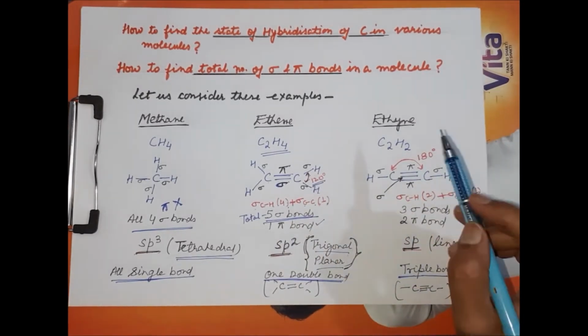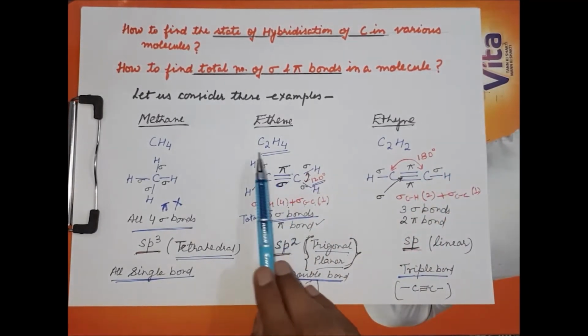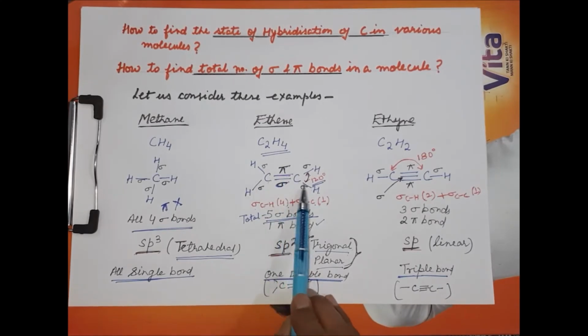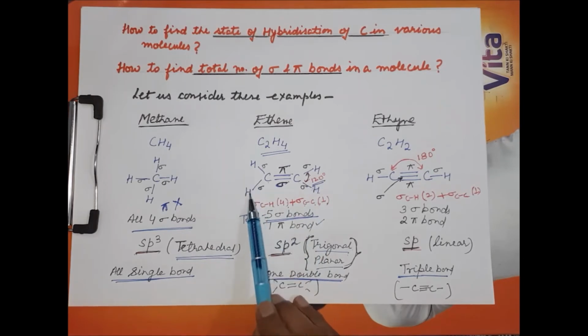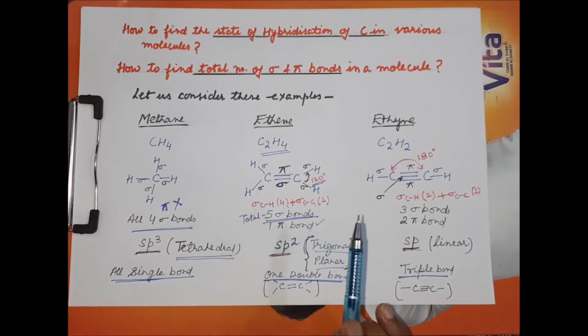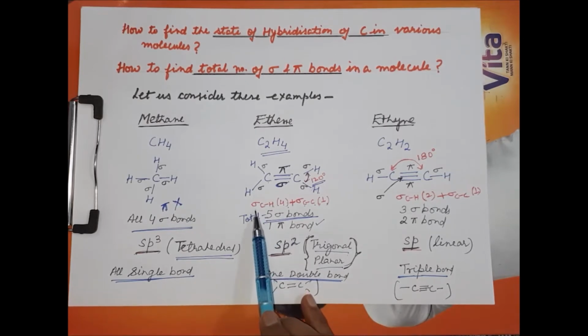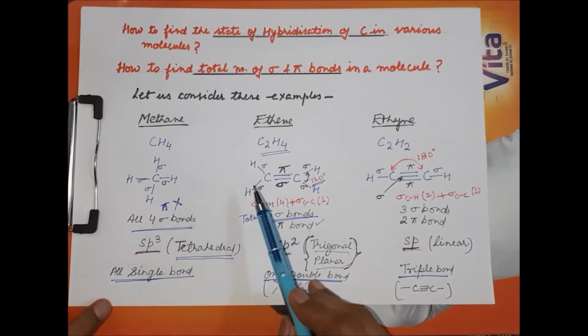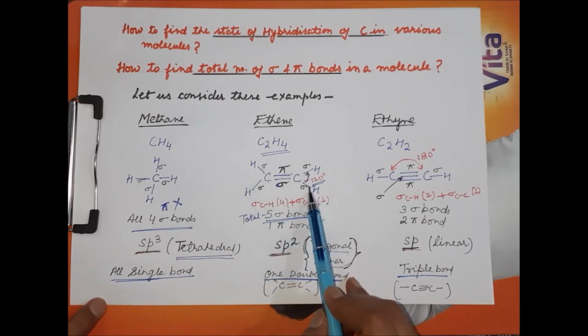Okay, so once again I will repeat. The ethene molecule we can write like this: C double bond C, and all the 4 hydrogens are attached to the carbons by single bonds. First we can count the sigma bonds between carbon and hydrogen atoms: 1, 2, 3, 4.